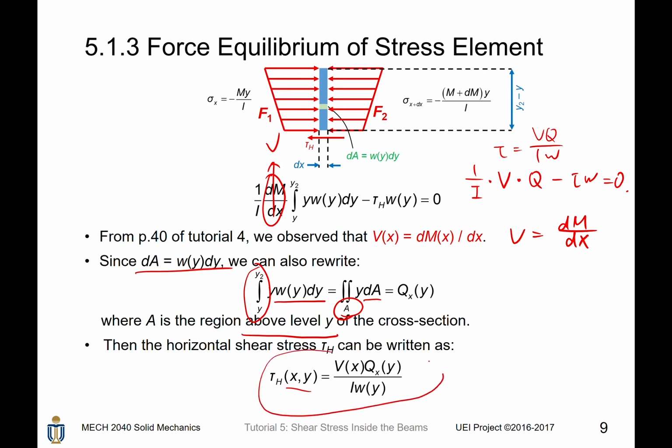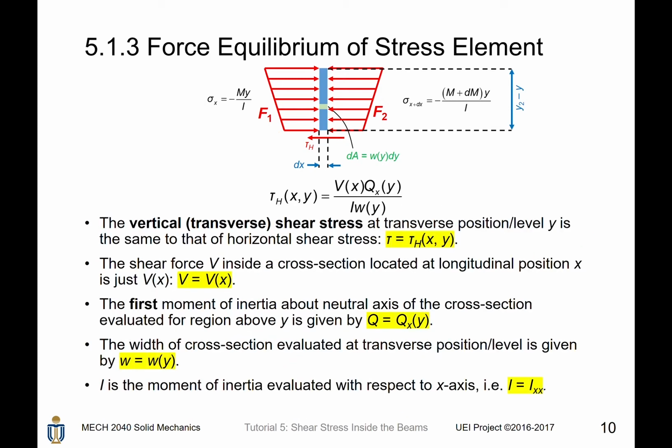So now you can see the horizontal shear stress is dependent on two variables. But no worries, we can simplify all those things quickly. The first observation is that the vertical shear stress is equal to the horizontal shear stress. Then tau_h just becomes tau. Also, the shear force inside the cross-section is just the shear force, which is V. The first moment of area, we just use another notation, Q. For the second moment of area, there is nothing worth simplifying.